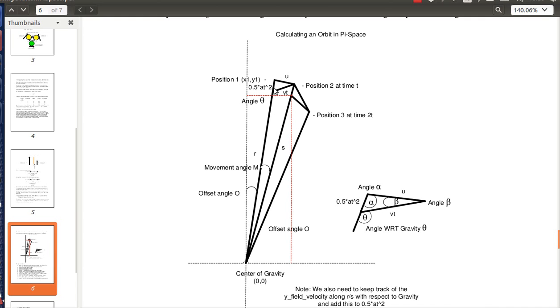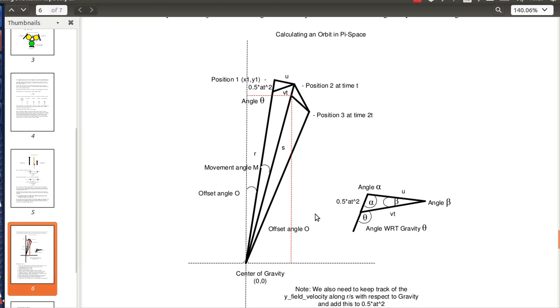You have the attraction towards the gravitational field, and this gives you the next position, and this gives you this distance u, and then this new position becomes the next position, and then it goes down by a half at squared, and it has v times t, and then you move to the next position and so on. The algorithm will continuously update the distance from the center of gravity. We have to calculate the distance s, which then becomes the next r, and you keep running the algorithm as many times as you want.